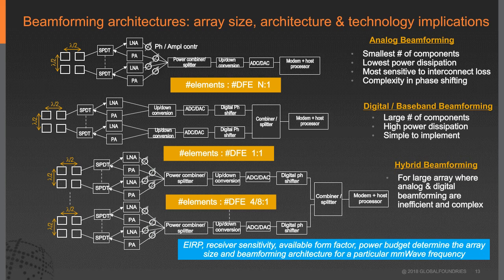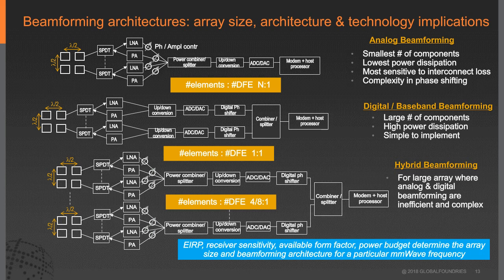And this hybrid beamforming approach is very useful for large arrays, because for large arrays you can't have, let's say, 256 array. You cannot have 256 ADCs and DACs, right? So you have part of beamforming done on the front end using analog beamforming and the rest. So you get the benefits of both. So that's hybrid beamforming.